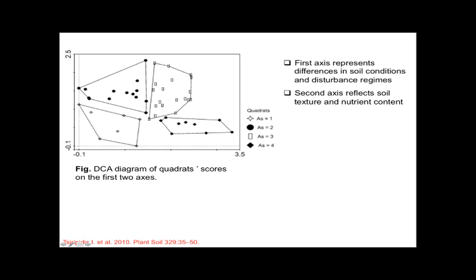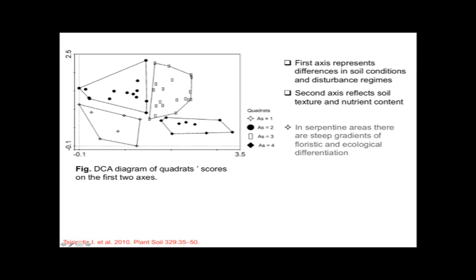This is the DCA, detrended correspondence analysis diagram that we made, and in it we can see there is a very clear discrimination of sampling plots and the 4 communities that have been distinguished. The first axis represents differences in soil conditions and disturbance regimes, while the second axis reflects mainly soil texture and nutrient content.